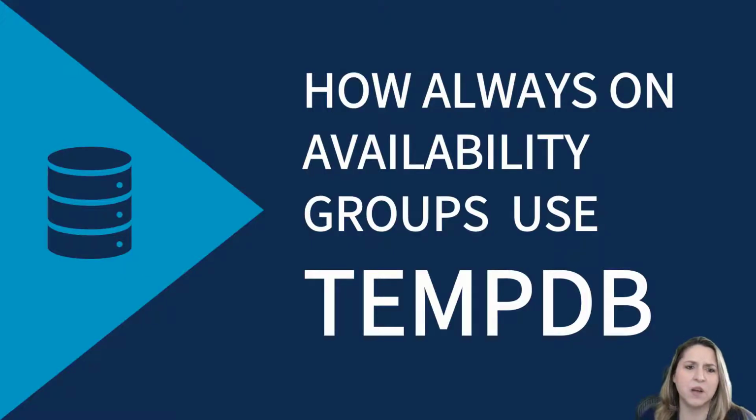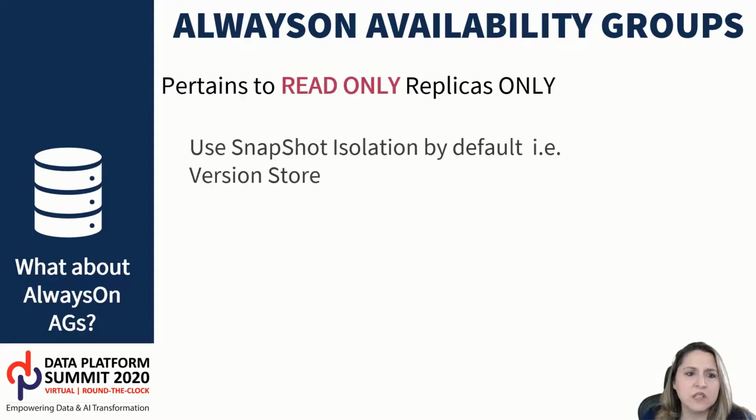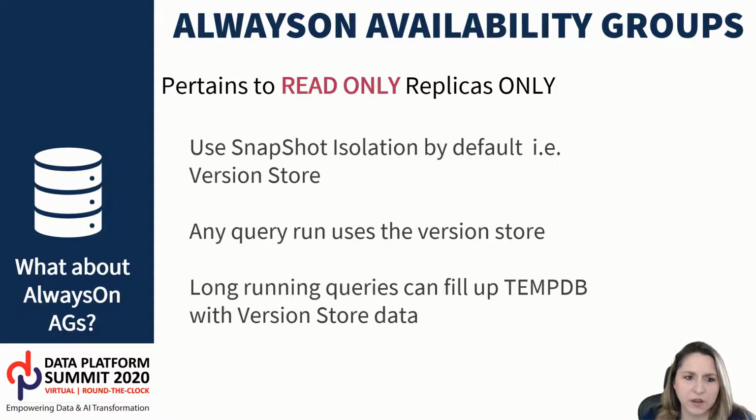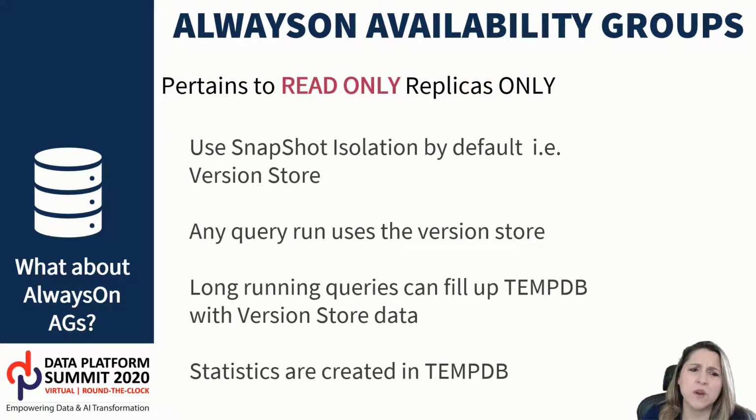Now, the last thing I'm going to talk about before we get into the demo is that Always On availability groups actually use Tempdb. And this is going to apply to your read-only replicas. The read-only replicas actually read from version stores. They use snapshot isolation. And those version stores, like I said, are something that you should be monitoring. The version stores can fill up really easily when it comes to long-running transactions that happen on your read-only replicas.